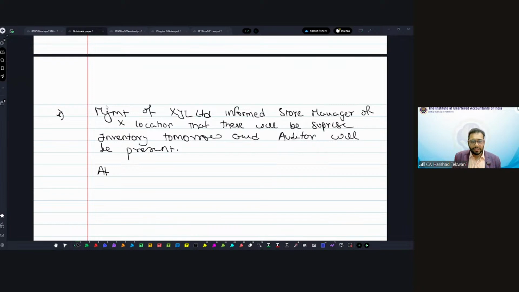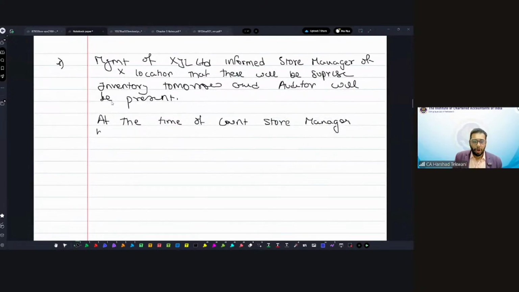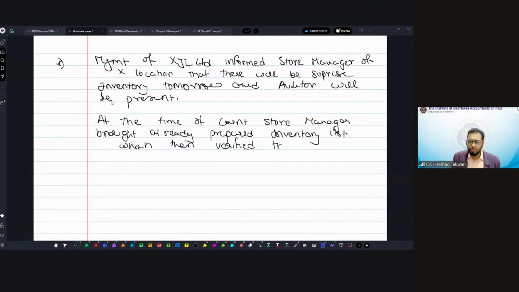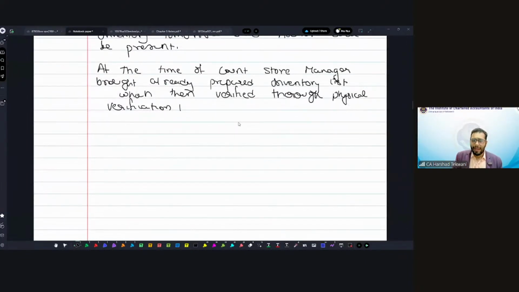Now, at the time of count, the store manager brought an already prepared inventory list, which was then verified through physical verification by auditor and manager both.